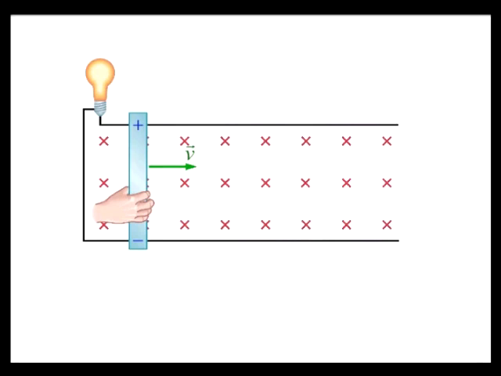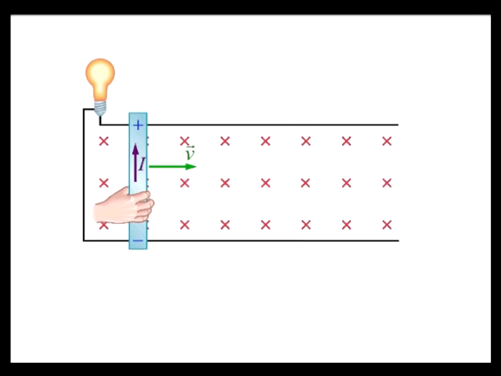Our discussion now leads to the relation between motional EMF and electrical energy. Motional EMF arises because a magnetic force acts on the charges in a conductor that is moving through a magnetic field. Whenever this EMF causes a current, a second magnetic force enters the picture. The second force arises because the current I in the rod flows in a direction that is perpendicular to the magnetic field.